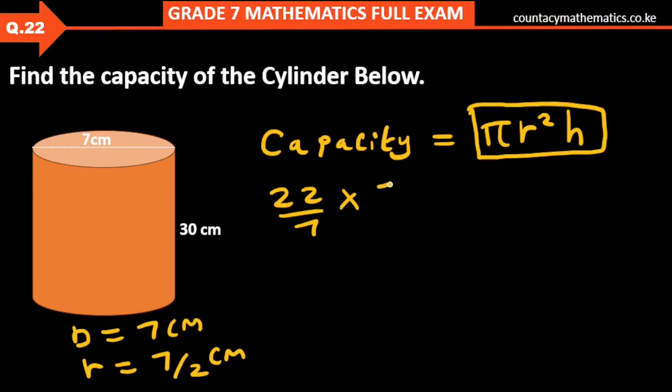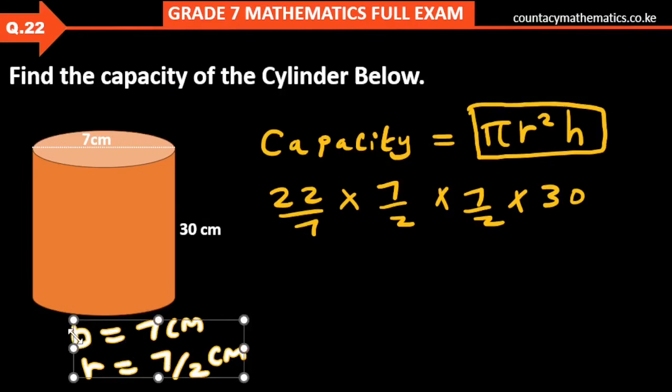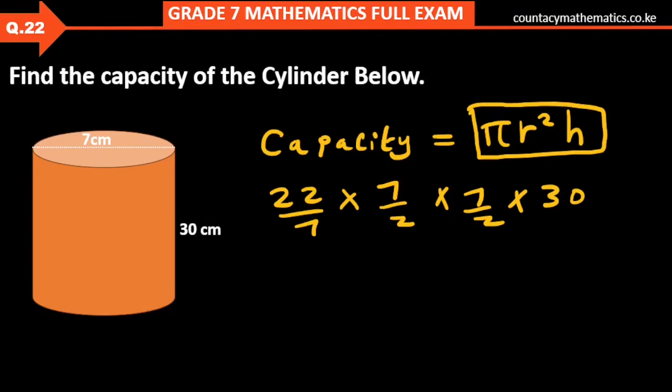Therefore, we multiply by 7/2, multiply by 7/2, and finally multiply by the height, which is 30 centimeters. So this is how we are supposed to go about that. Once we have that, we try to simplify it in order to find the final solution.